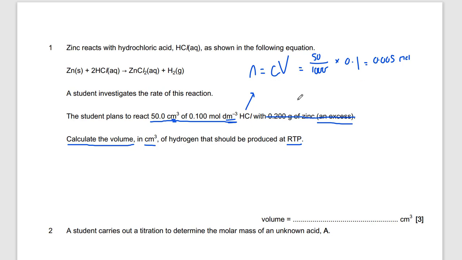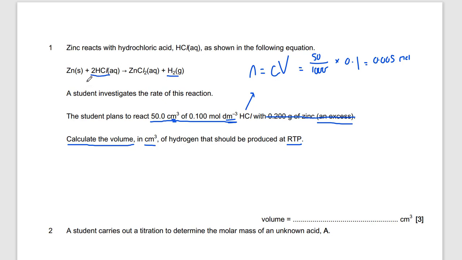Now, what we do from here then is we have 0.005 moles of hydrochloric acid. So that's here. And we're looking for the amount of hydrogen. Now, the best part about moles is that when you know the number of moles of one of your reactants, you can work out the moles of everything because of the stoichiometry. So you know that 2 moles of HCl will produce 1 mole of hydrogen.